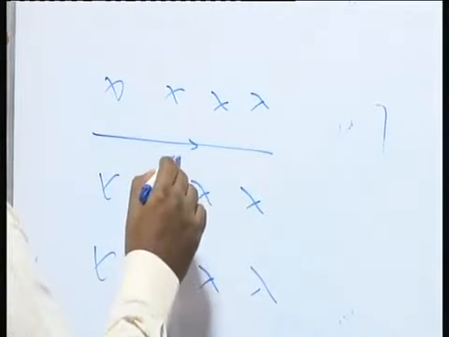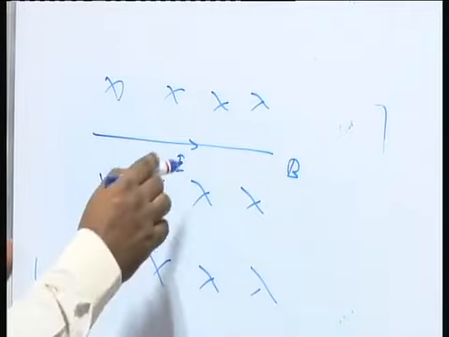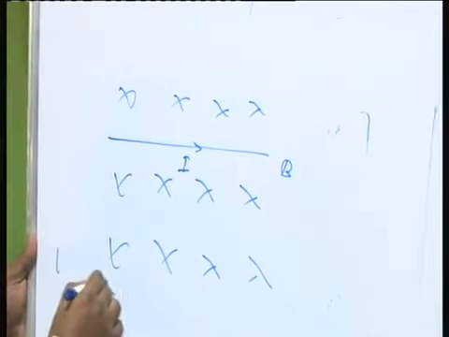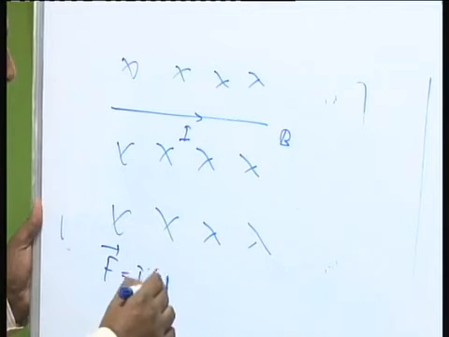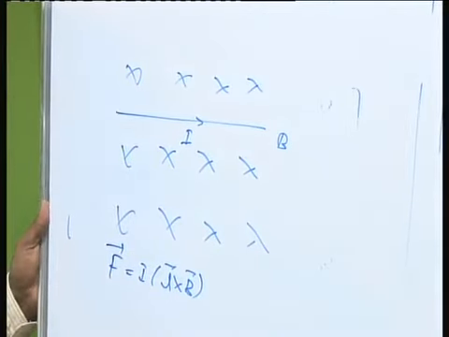Now this conductor also experiences force because there is an external magnetic field, and this current carrying conductor also produces a magnetic field. So again I can say there is an interaction between the two magnetic fields, that is the magnetic field produced by the current and the external magnetic field. Hence this conductor experiences force. That force is given by vector F equals I into L cross B.